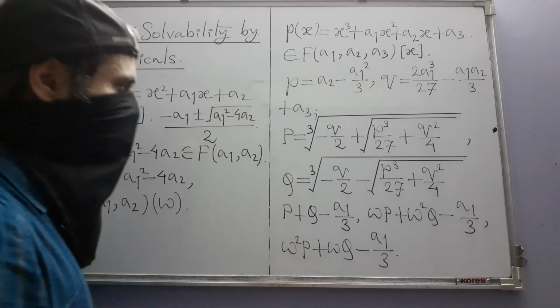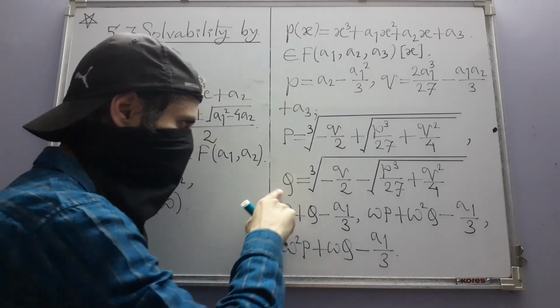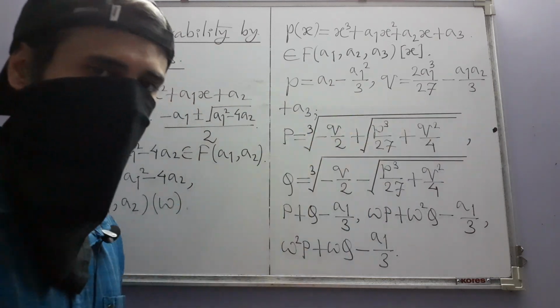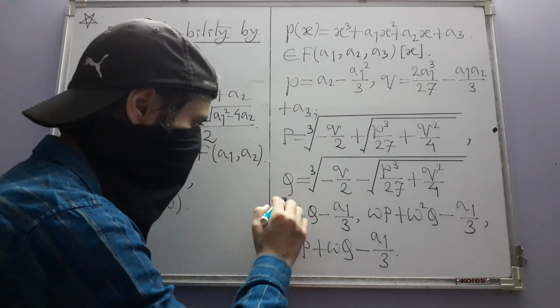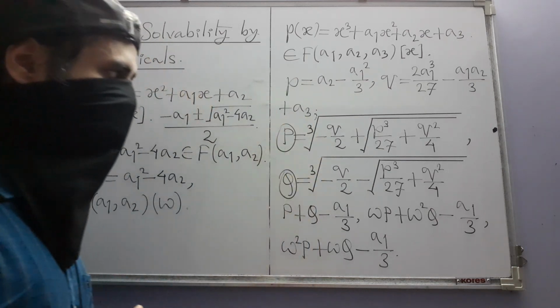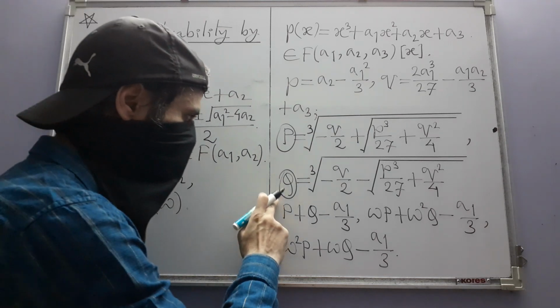And then using p and q, you define two further quantities, capital P and capital Q, which involve cube roots of square roots. And it is mentioned in the text that these cube roots are taken appropriately, taken carefully.